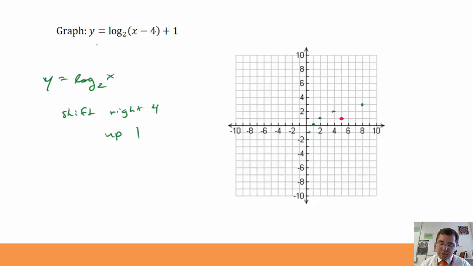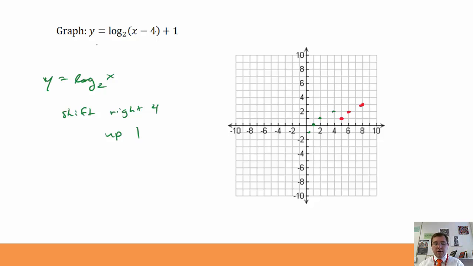(5, 1). The point (2, 1), shifting right 4 will become the point (6, 1). Up 1 will become the point (6, 2). The point (4, 2), shifting right 4 will become the point (8, 2). Shifting up 1 will become the point (8, 3).